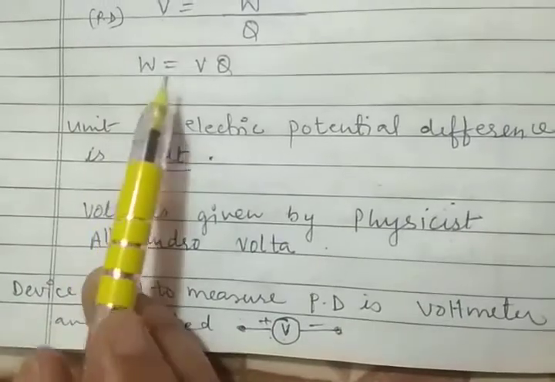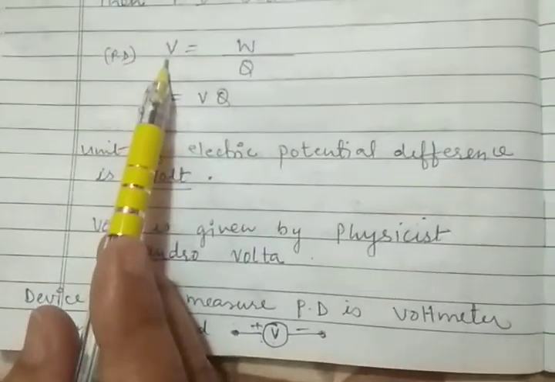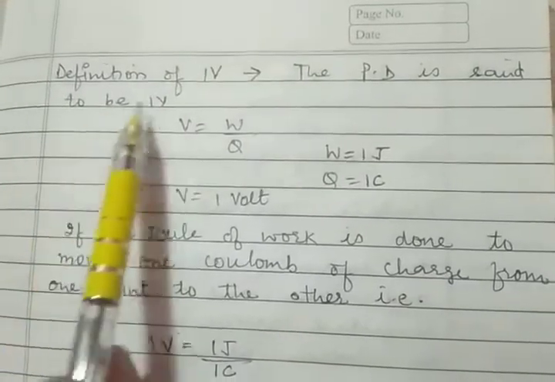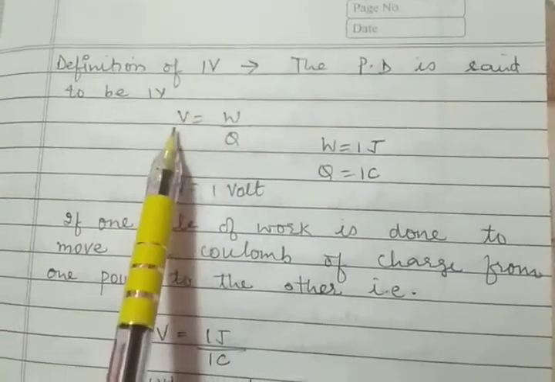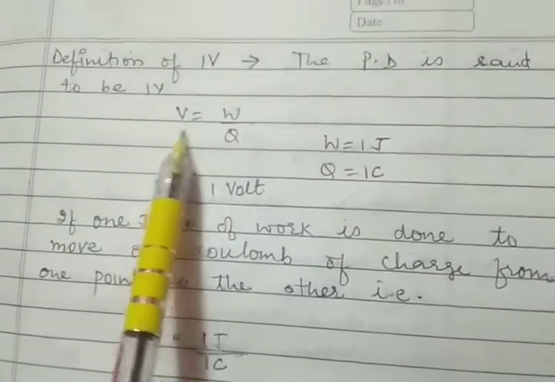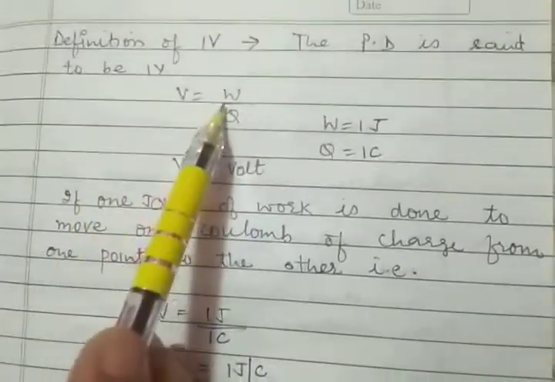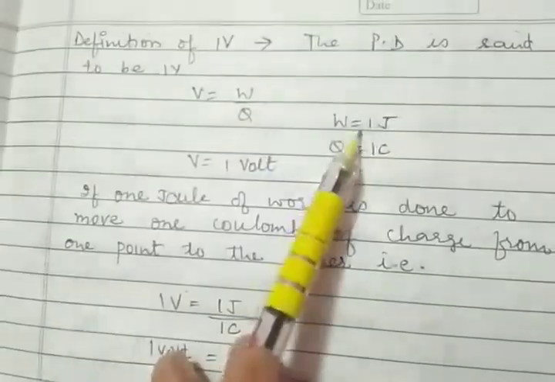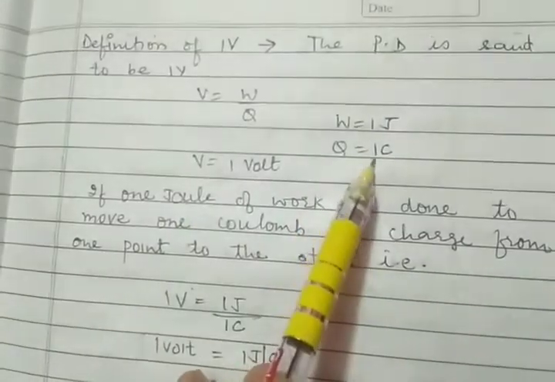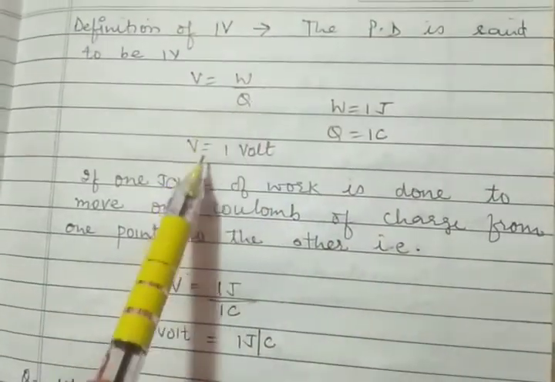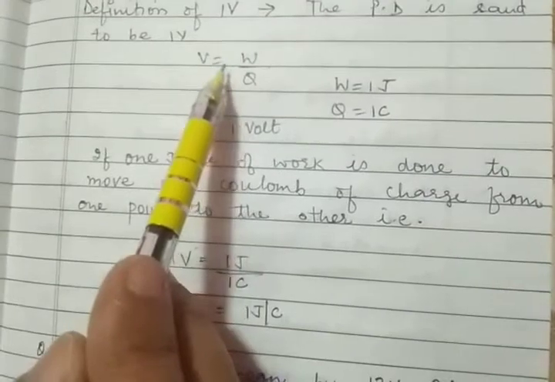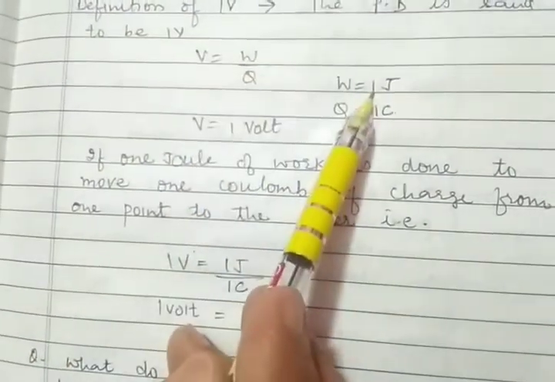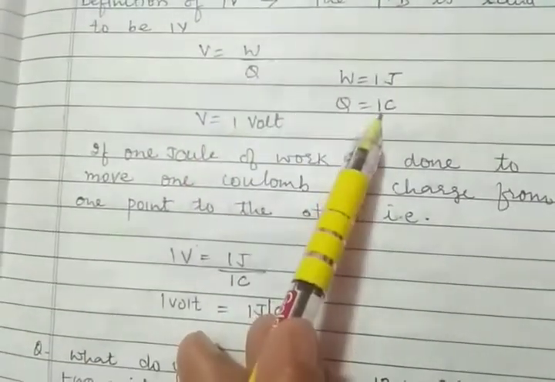Now we will define 1 volt. What is the definition of 1 volt? You know the formula V is equal to W by Q, where W is the work done and Q is the charge. If we put W as 1 joule and Q as 1 coulomb, then what will be the definition of 1 volt? This 1 volt is the amount of work done, that is 1 joule, to move a unit charge.